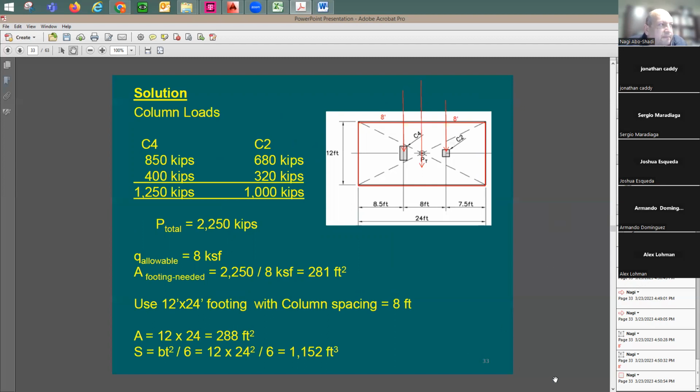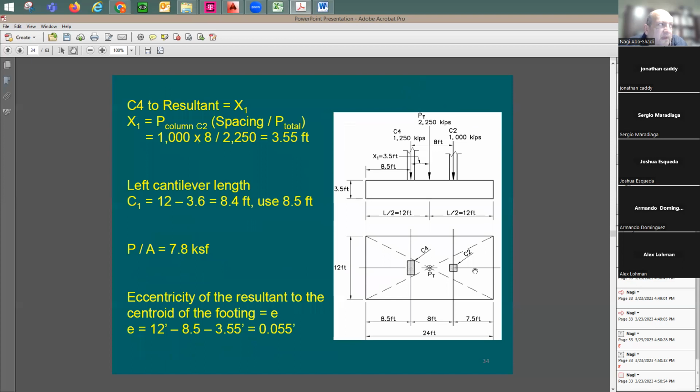Is it okay? I'm trying here to avoid any moment on the footing. The way to avoid it is to put the center of the footing aligned with the resultant force. Let me find out the resultant force location.